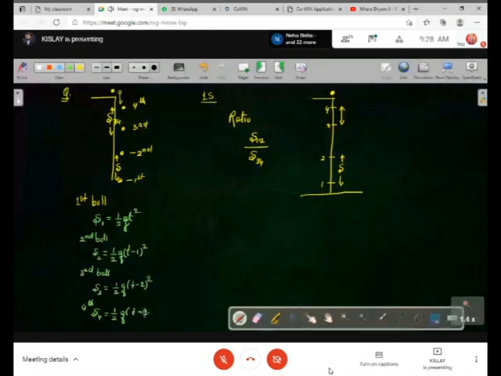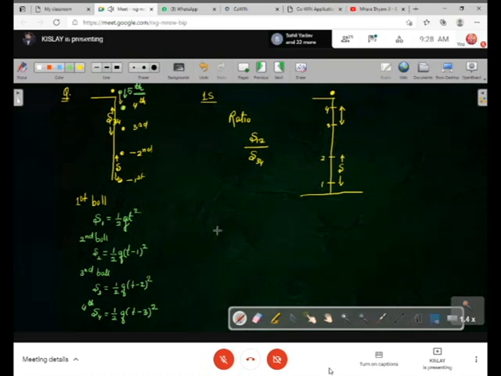And what is the value of t? Fourth ball is dropped, and now he is going to drop fifth ball. Here fifth ball is being dropped. At that instant we have to find the differences. So t is equal to 5 seconds, because he has to drop fifth ball after 5 seconds.